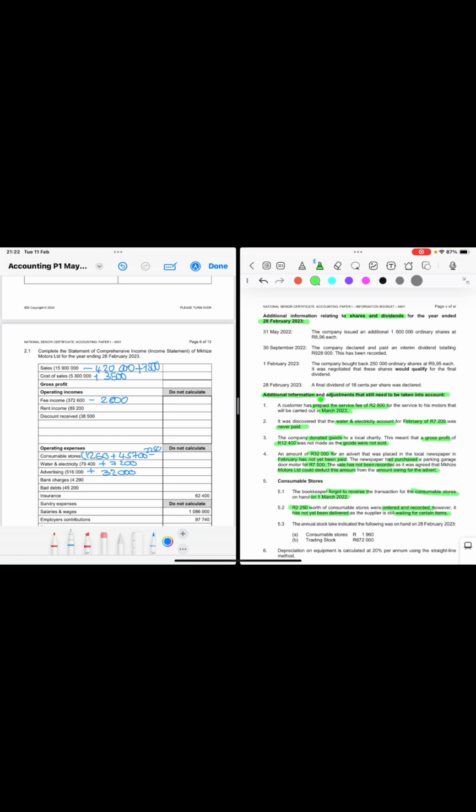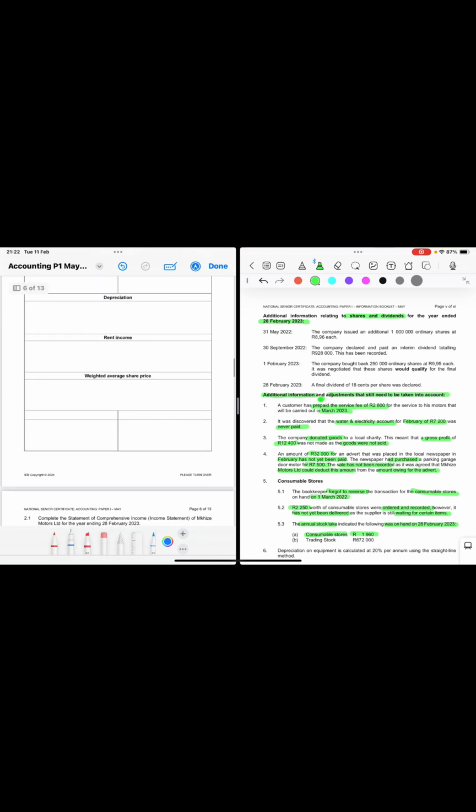And then for 5.3, we're told the annual stock take indicated that the following was on hand on the 28th of February 2023. Consumable stores, 1,960. If you have it on hand, you need to now take it to your assets. That's an asset, so we need to subtract that as well from our consumable stores. So minus 1,960.